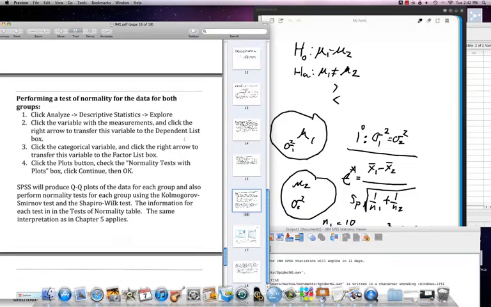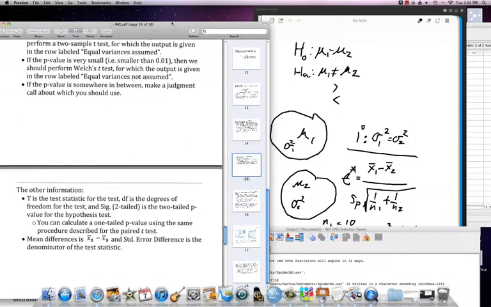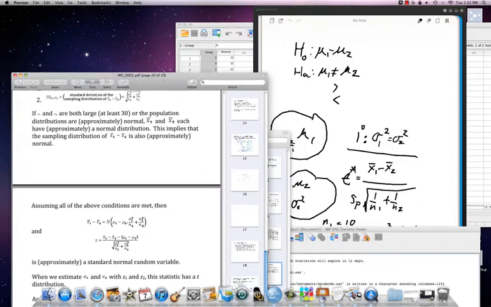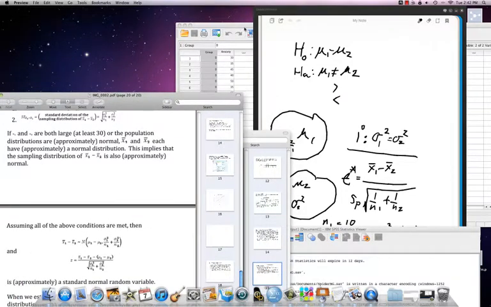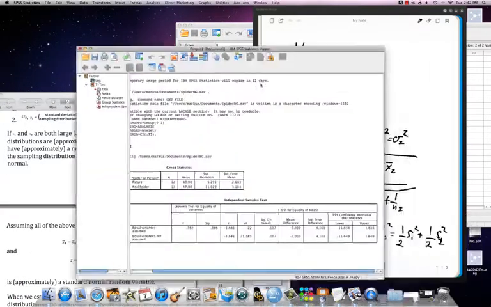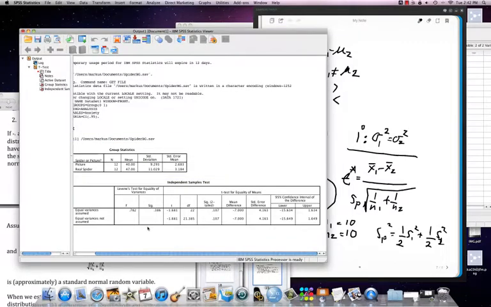So, in addition to looking at the output that we get from SPSS and looking at Levene's test, and this is Levene's test. Just as an aside, Levene's test uses what's called the F distribution, which we will eventually learn about.